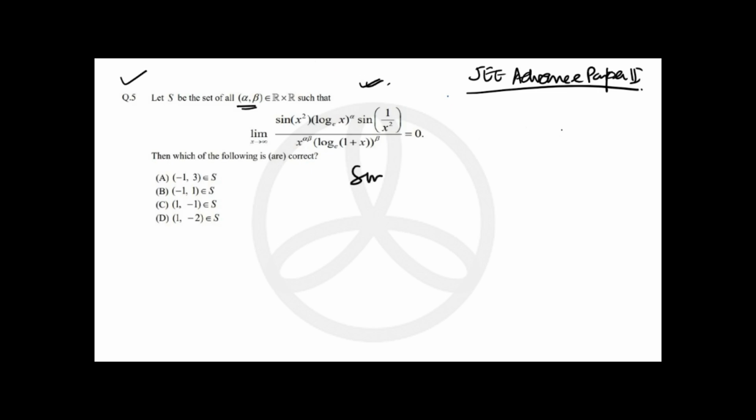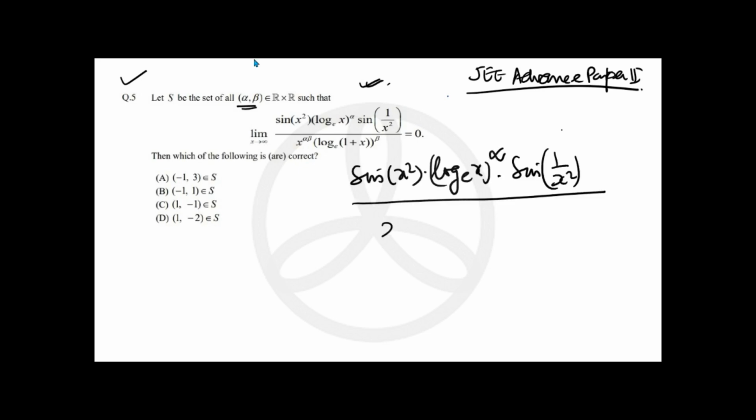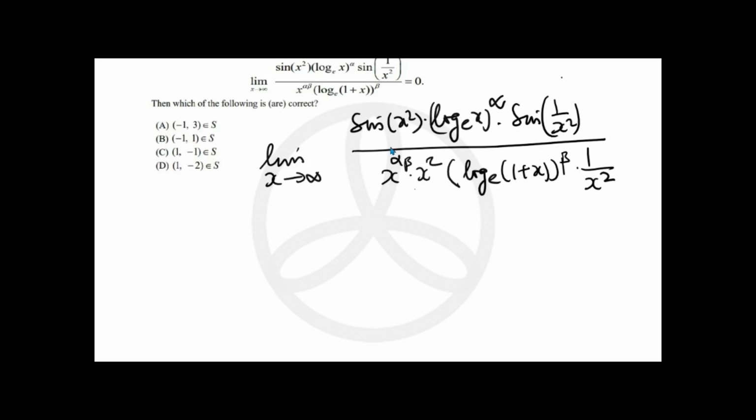First of all, I can write sin x square log e. I will add x square here, alpha beta x square. Then in order to neutralize this, I will put 1 over x square. This is limit x tends to infinity. Now I can segregate it. Limit x tends to infinity sin.